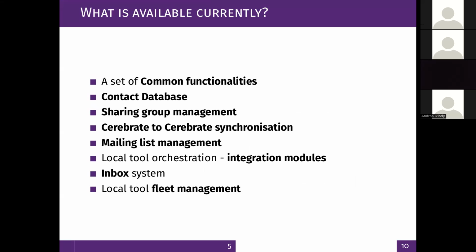So let's have a very, very quick look at what's available right now. This is just going to be a bullet point list, and we're going to rush through these, and then we're going to actually see it in action afterwards.